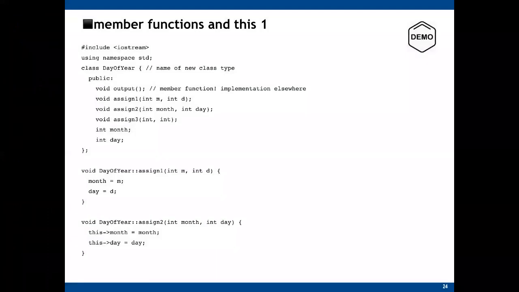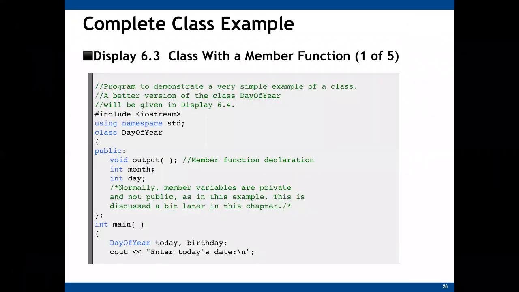Okay, this is the example we saw just now. So this is the complete class example from the textbook. Here is the class definition. Like the previous demo code, its class name is day of year and it has a member function output and member variables month and day.